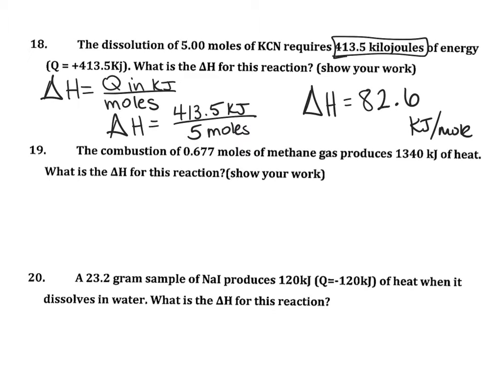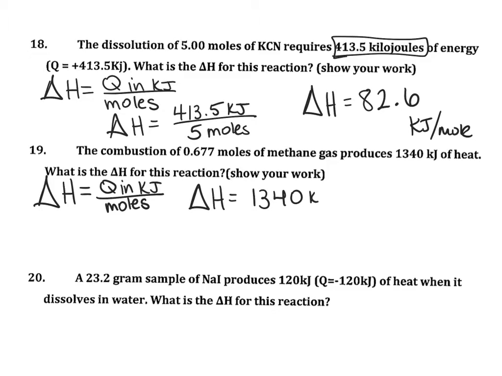Now the same thing works for number 19. Again, we don't have a chemical reaction that is showing us how many moles of each chemical are going to produce this energy. So we're going to calculate our delta H. We use our Q in kilojoules, which is 1,340 kilojoules, and we divide it by the number of moles we have.